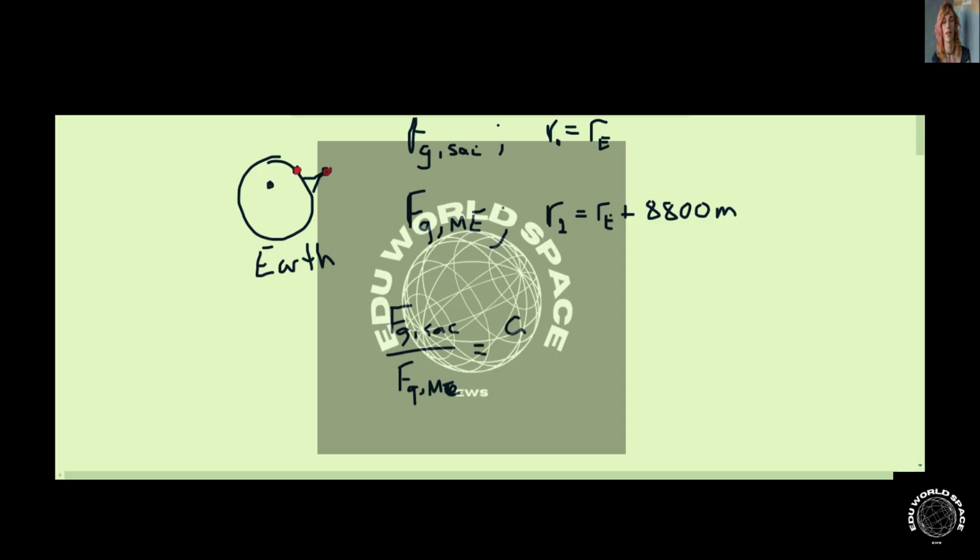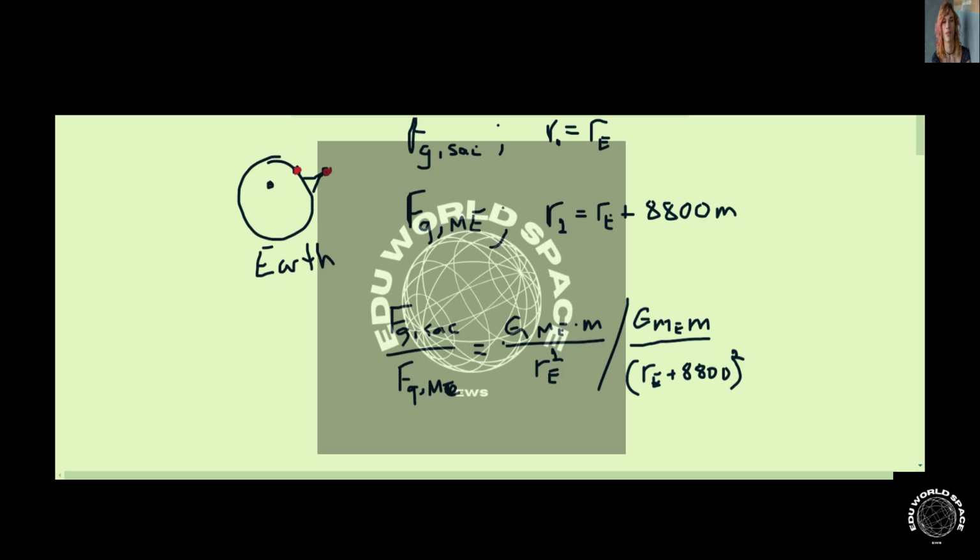Now we'll see that this is G times the mass of Earth times the mass of the person over RE squared, over, and now the gravitational force on Mount Everest, G, again the mass of the Earth, which is exerting the force, times the mass of the person, M, over RE plus 8,800 meters, squared.